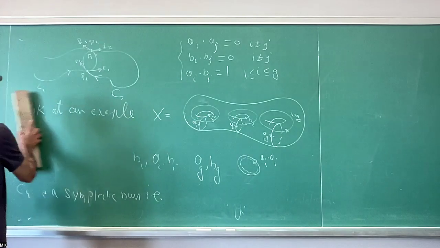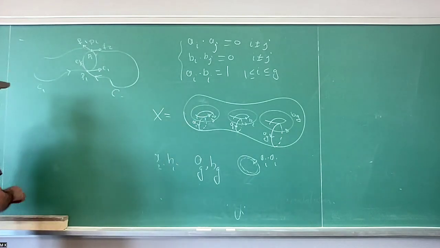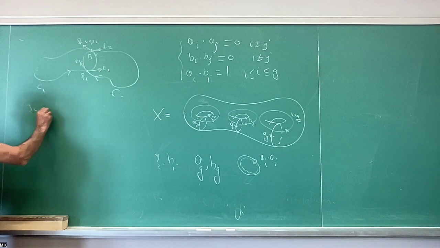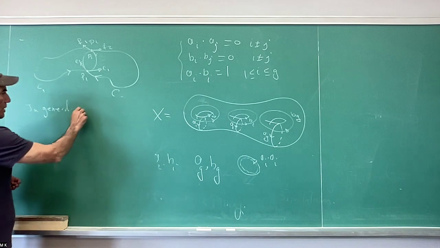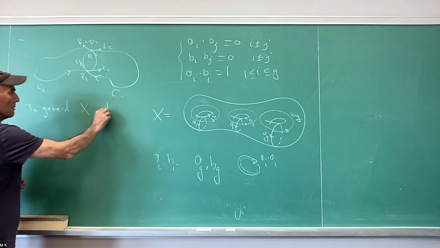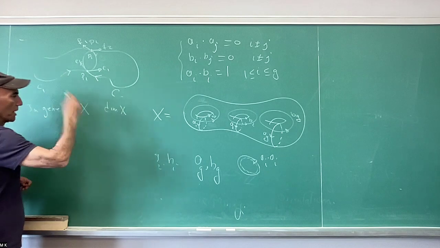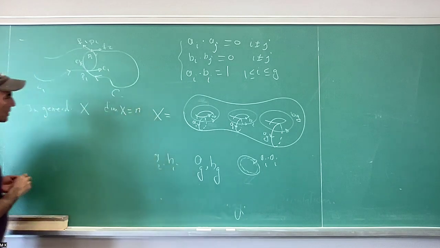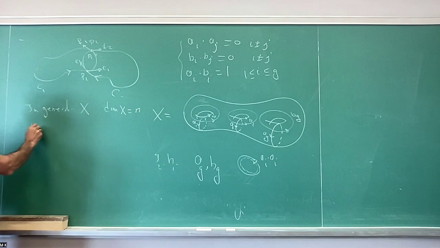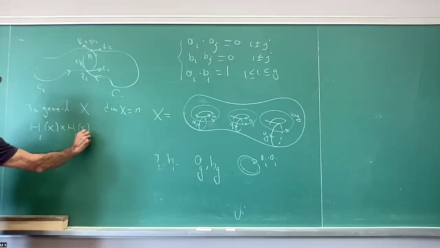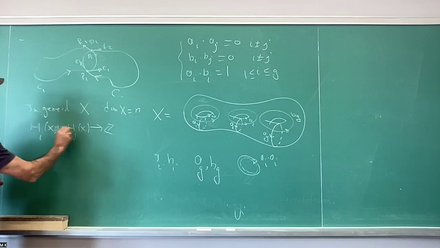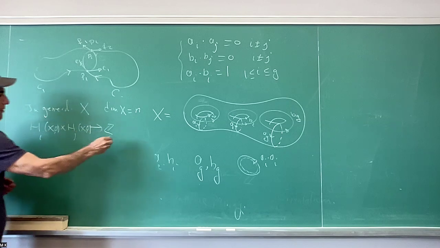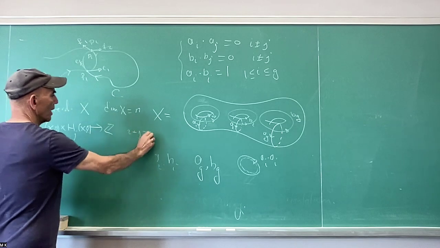Intersection pairing, in general: if you have a topological manifold X of dimension n, closed, say smooth, even topological is enough, then you can define a pairing Hi of X, Z times Hj of X, Z to Z, as soon as i plus j is equal to n.